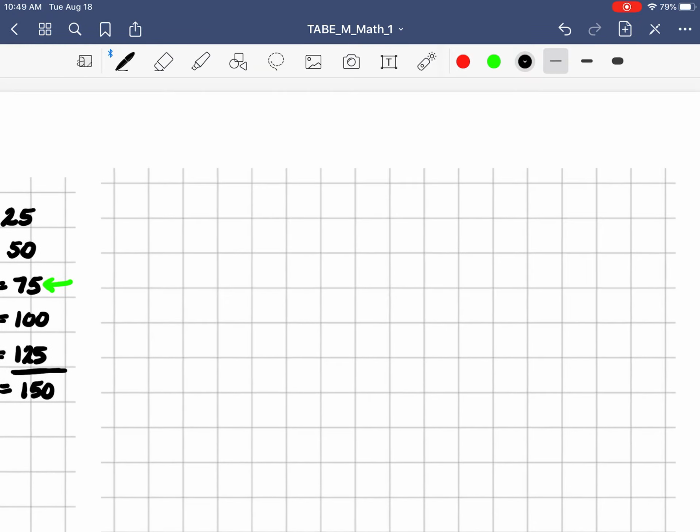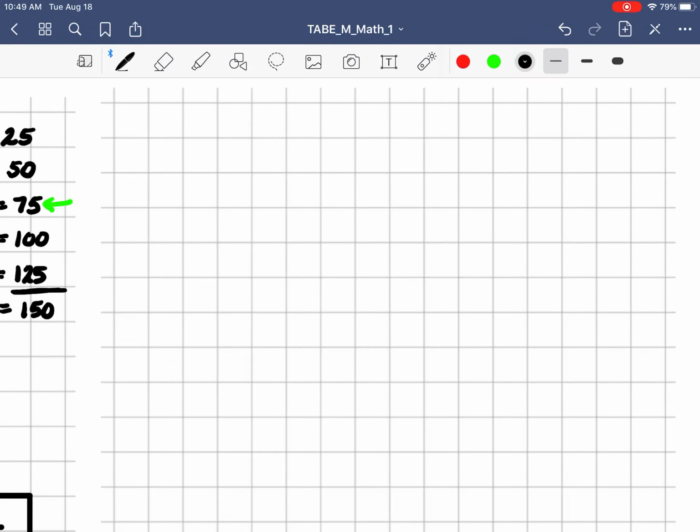So let me get back to, here's a space. So number 3, set up your problem, put your dividend inside the house, 204, total number of oranges, 12 people. That's your divisor.